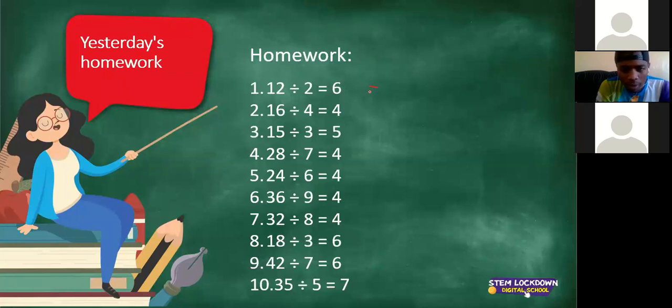So you go back and say, if 12 divided by 2 is 6, what is 6 times 2? If I use these two only, 6 times 2, I must get 12. What is 6 plus 6? It's 12. So you write there 12.